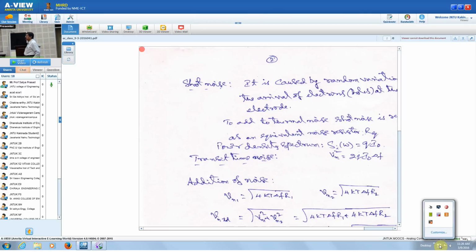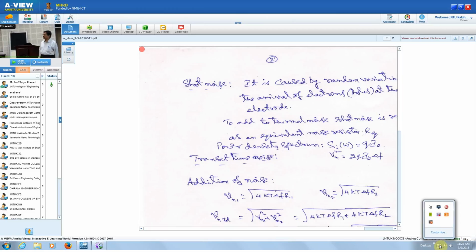So we have to consider this transit time noise also at very high frequencies. At low and medium frequencies this will not be of much effect, but at very high frequencies we have to consider this transit time noise, so that the overall noise performance can be achieved comfortably.